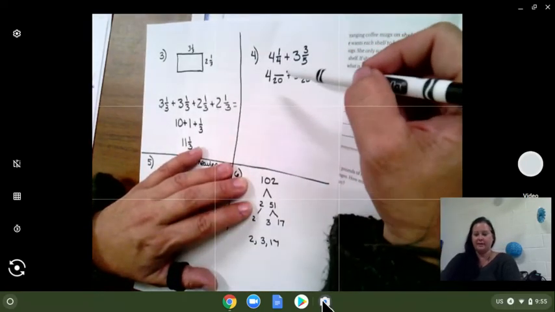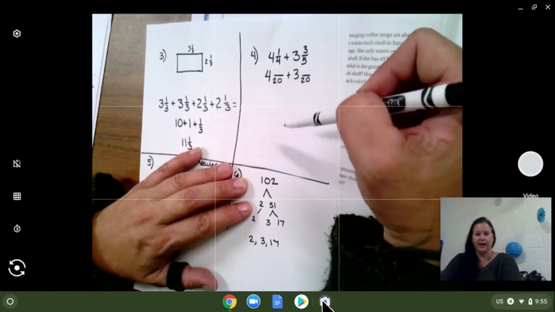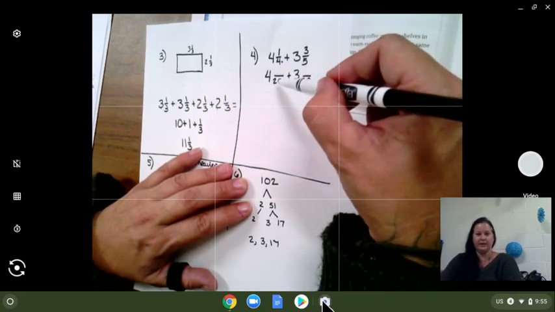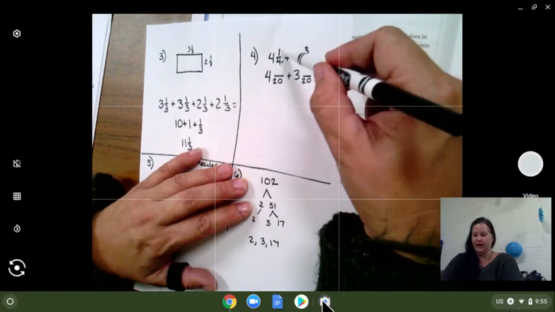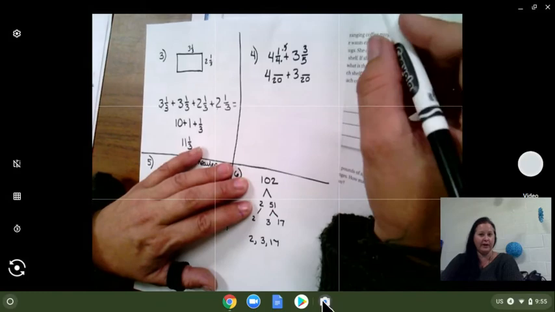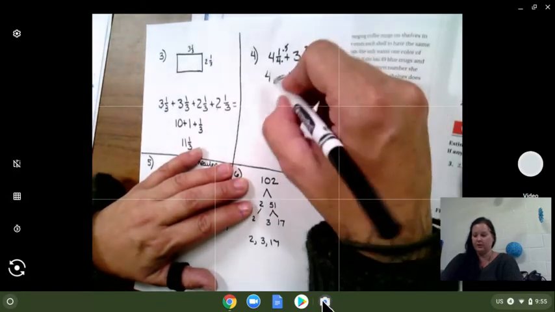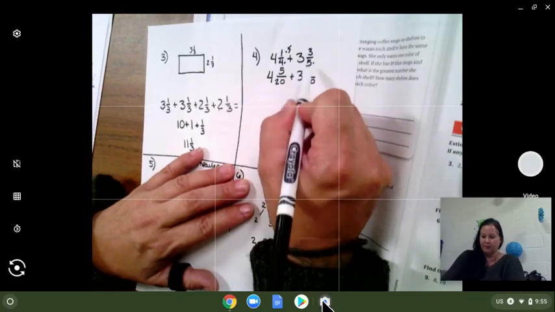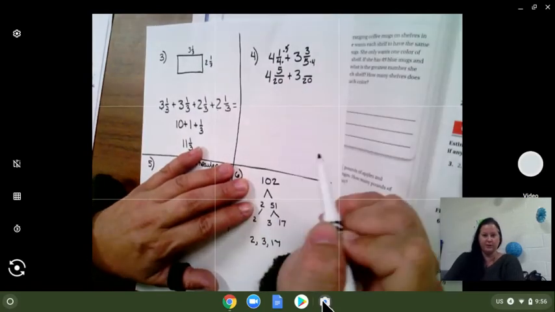The way that I can make an equivalent or equal fraction here is to ask myself, what did I multiply 4 by to get to 20? That was by 5. So I also have to multiply the top number, my numerator, by 5. So 1 times 5 is 5. For this one, I multiplied 5 times 4 to make 20.